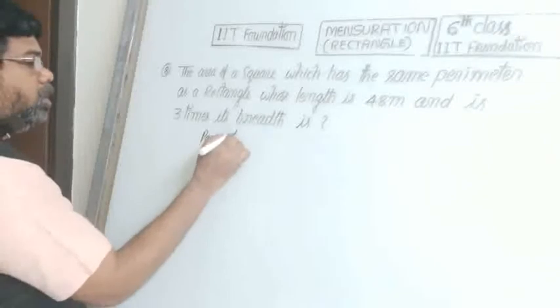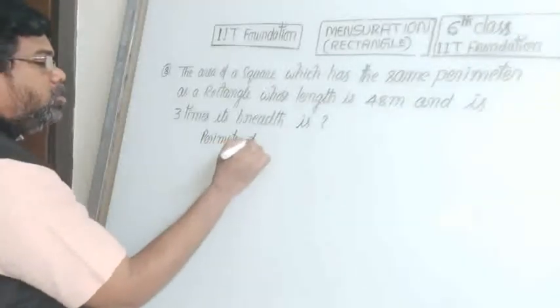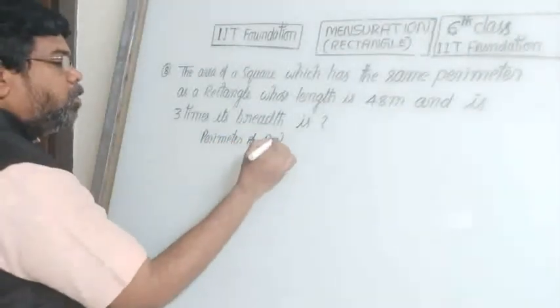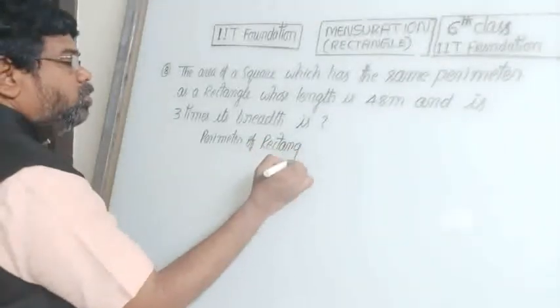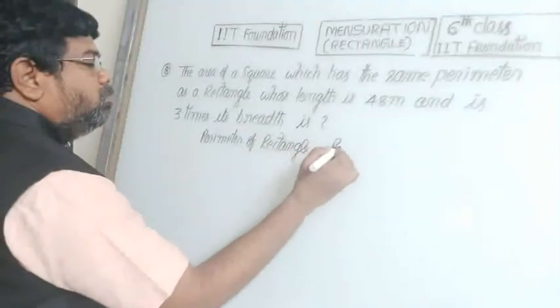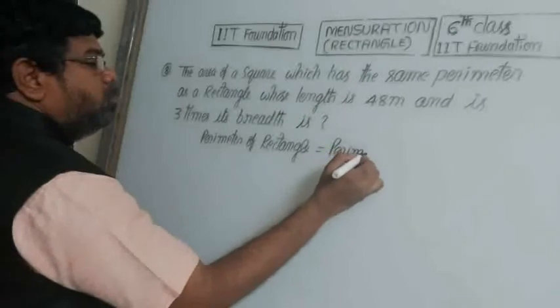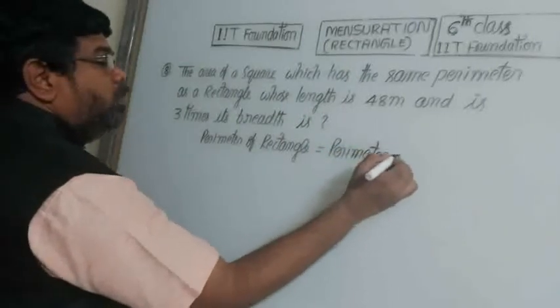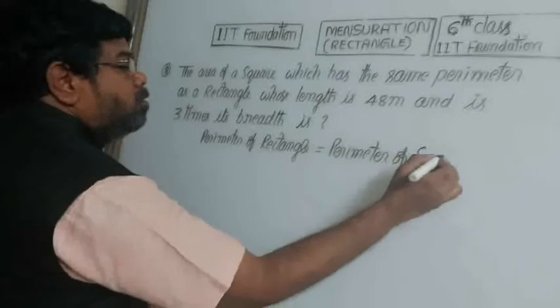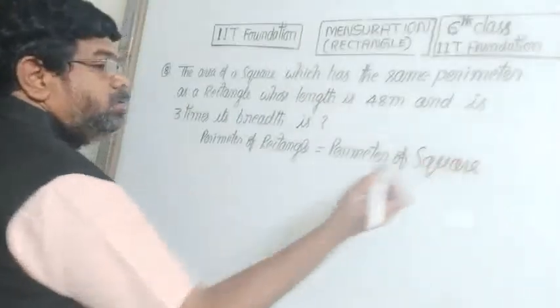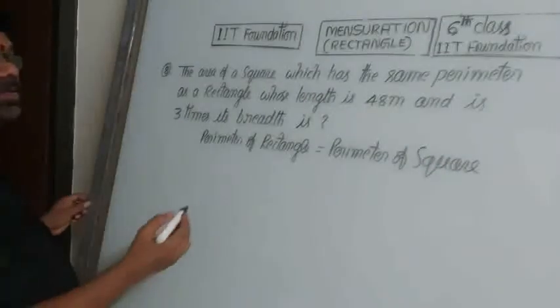Perimeter of rectangle is equal to perimeter of square. So both perimeters are equal, it is given.